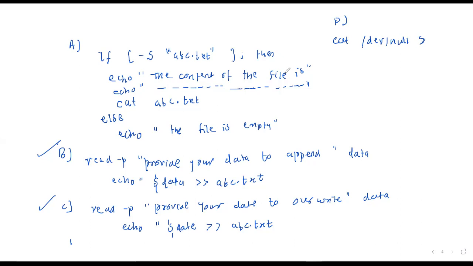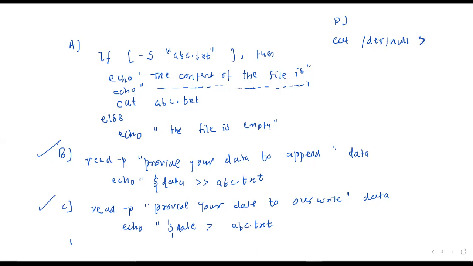For override we write this. Here, instead of redirection, double redirection gives append. It will append the data. So here I have to provide only single redirection. Single redirection means it will overwrite, and double redirection means it will add the content. So here we write this.